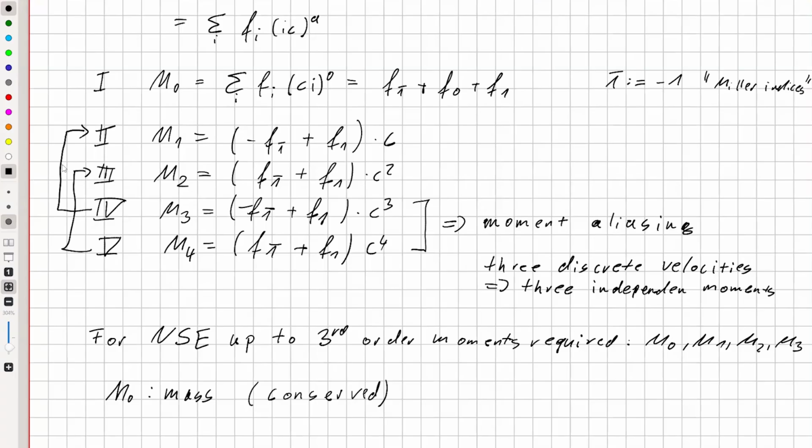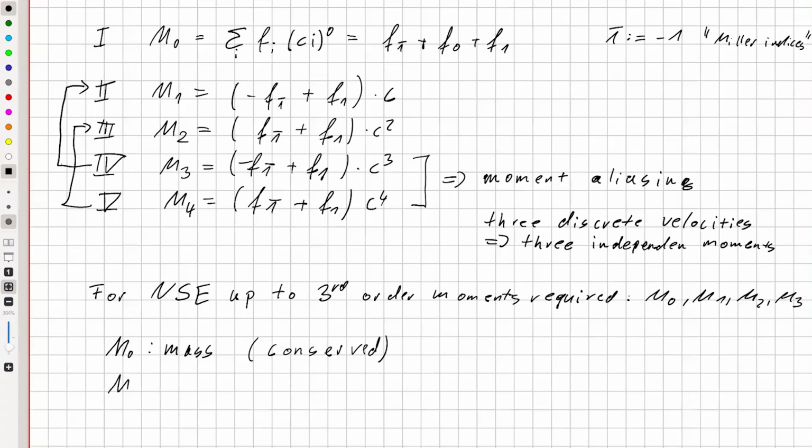So M1 is momentum. Momentum is, of course, also conserved. And M2, what is M2? Energy.